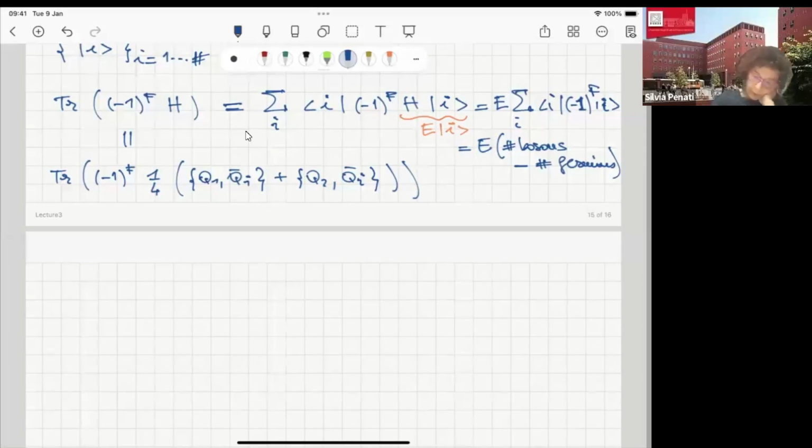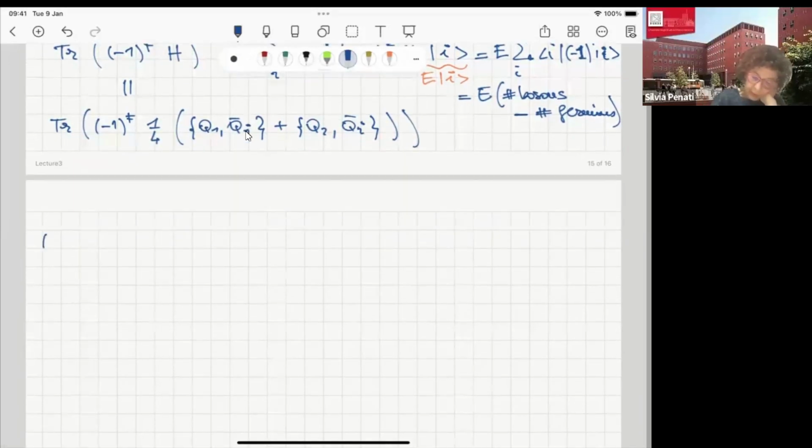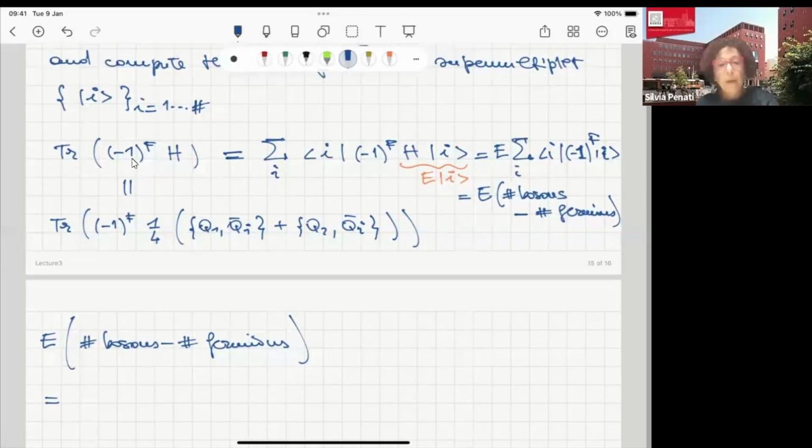Therefore, what I have found so far is that, apart from this overall energy, the number of bosons minus the number of fermions inside a supermultiplet equals what I can read from this other identity.